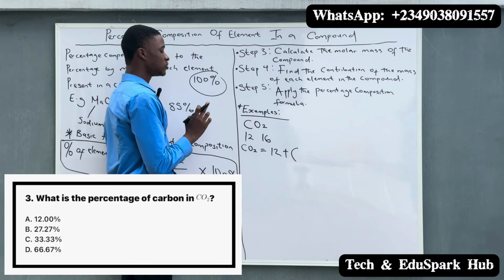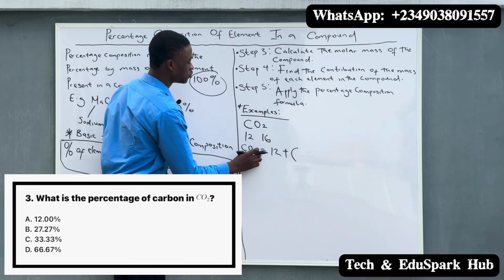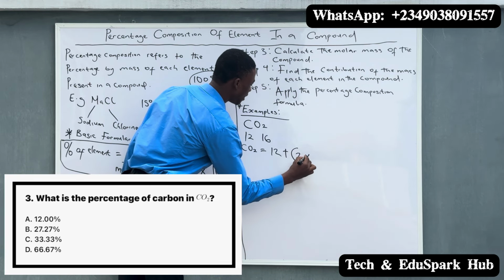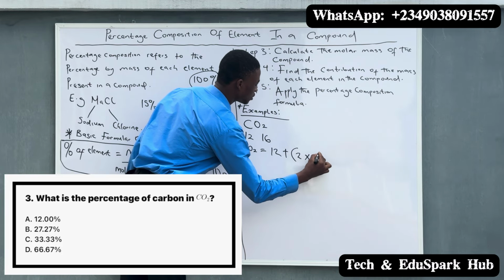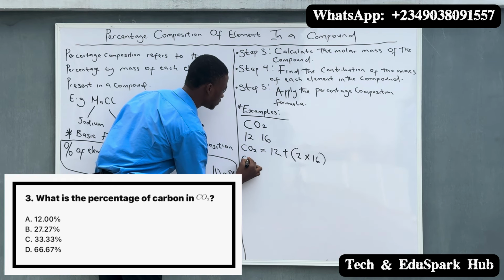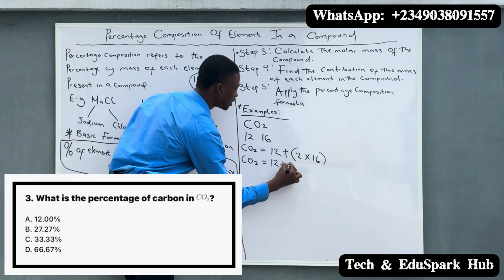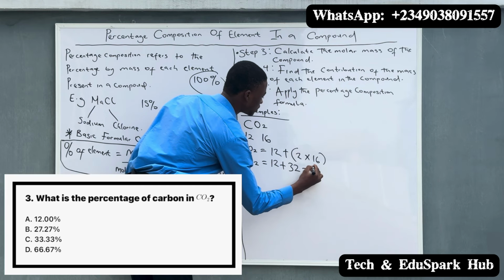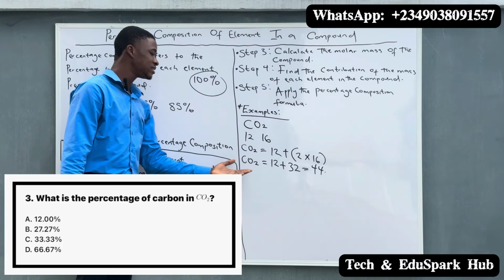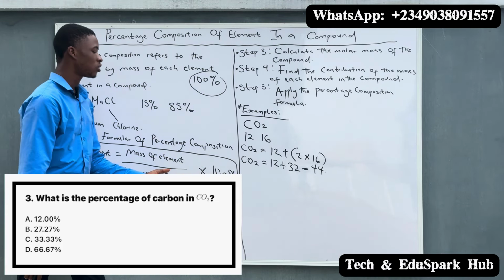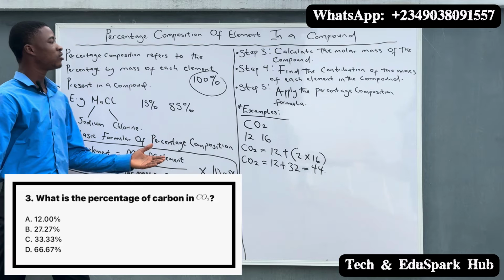It is only having single oxygen. But here we are having O2, so we have 2 multiplied by the 16, which is the atomic mass of oxygen. So the molar mass of CO2 will be given as 12 plus 32, which will be equal to 44. And this is the molar mass of the compound that we are trying to work with, which is the CO2. So we are done with step 3.